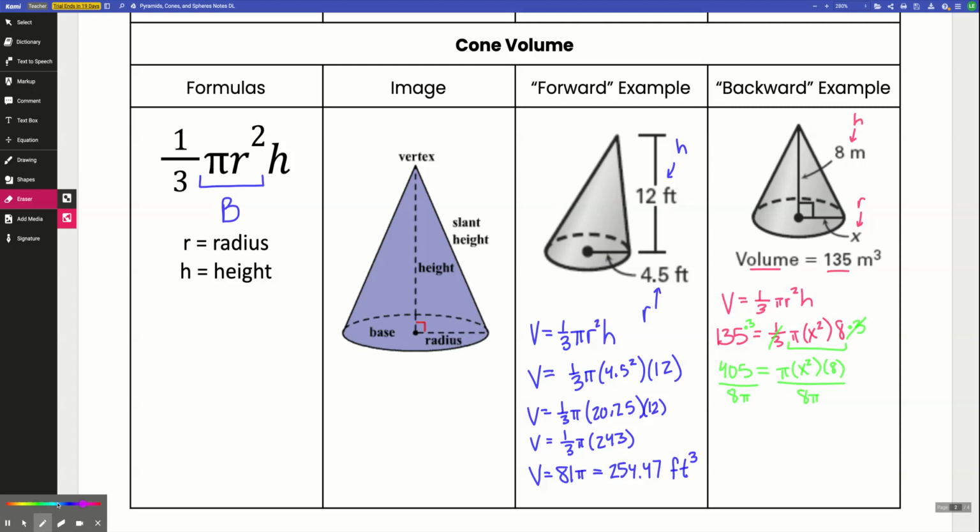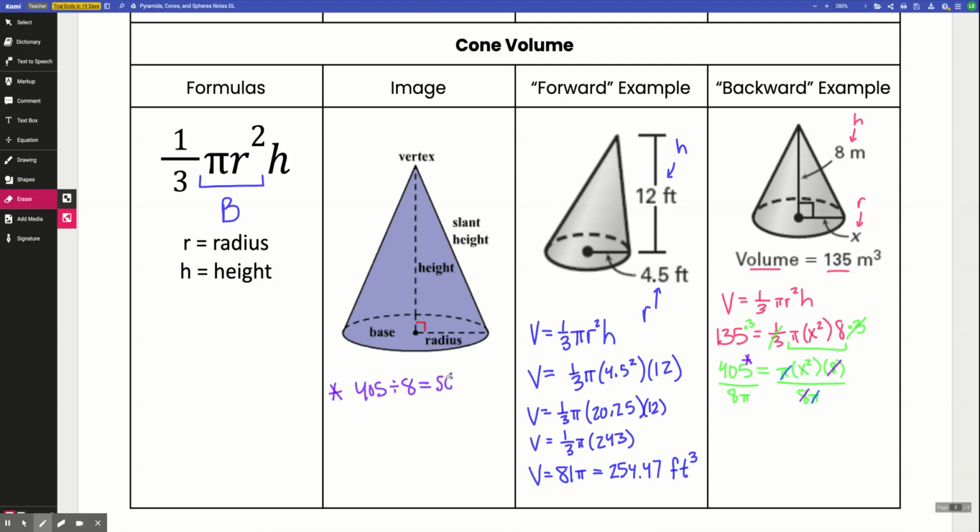The reason I'm doing that is because it's going to cancel out this 8 right here, and it's also going to cancel out this pi right here. Okay, so in my calculator though, I'm going to put a little asterisk right here. So in your calculator, you're going to have to do 405 divided by 8 and figure out what that is.